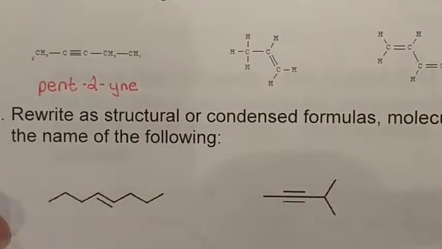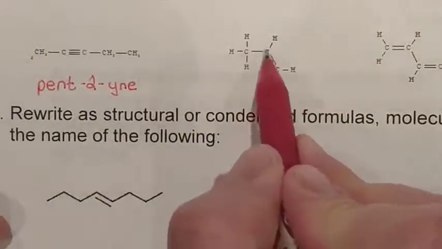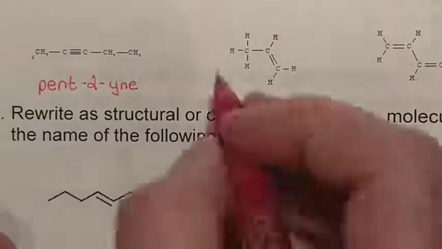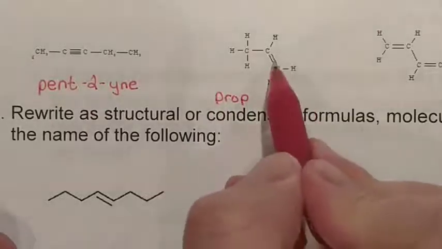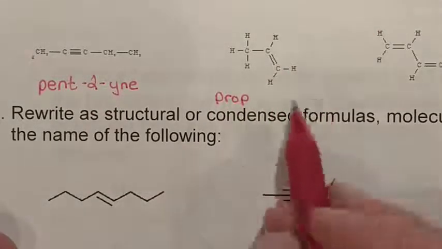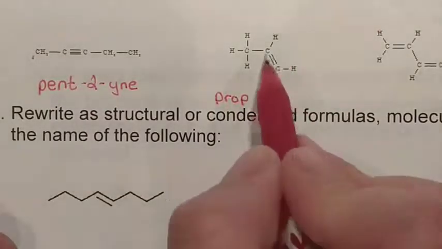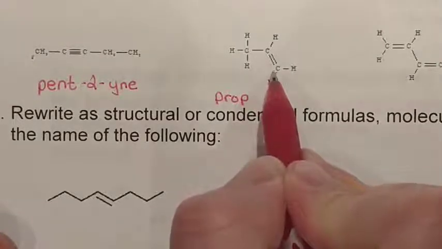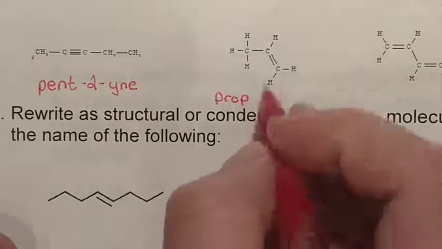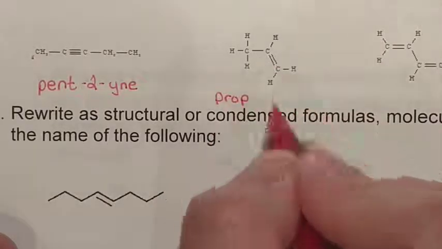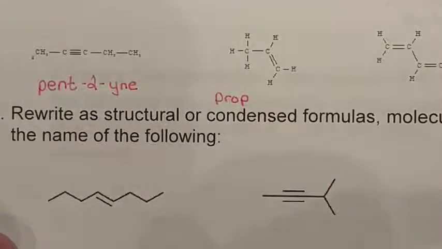Here's another one. You can see that we have a 3 carbon chain. So that is prop. I can see a double bond. So it's propene. And it is on carbon 1. Since there is only one place to put this double bond, that would give us carbon 1.